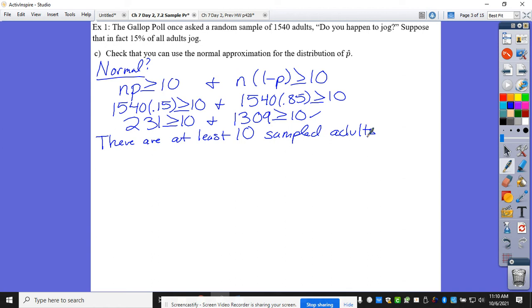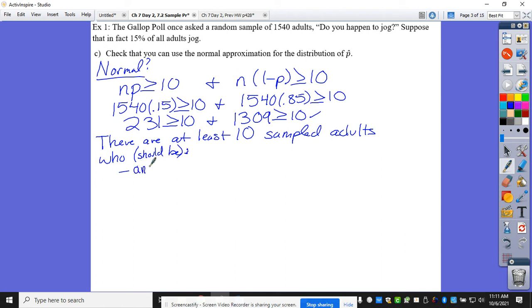So this is saying my sample. This is saying my successes. This is saying my failures. So it's basically saying there are at least 10 successes and failures in my sample. There are at least 10 sampled adults who, technically it should be, but you don't have to worry about that. What are we deeming a success? Jogging.